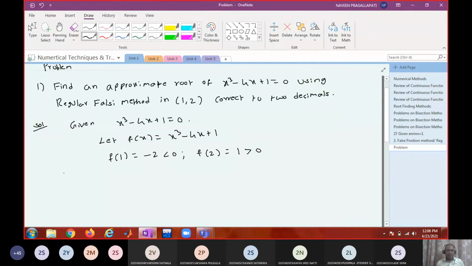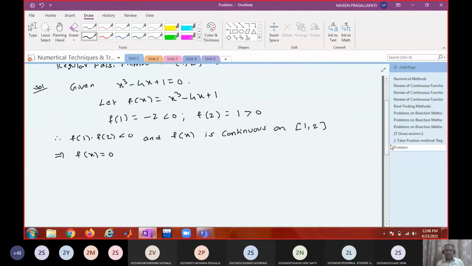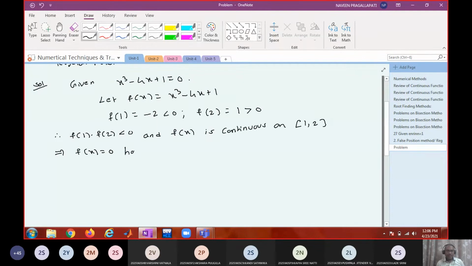Therefore f of 1 into f of 2 is less than 0, and f of x is continuous on the closed interval 1 to 2. This implies that f of x equal to 0 has a root between 1 and 2.